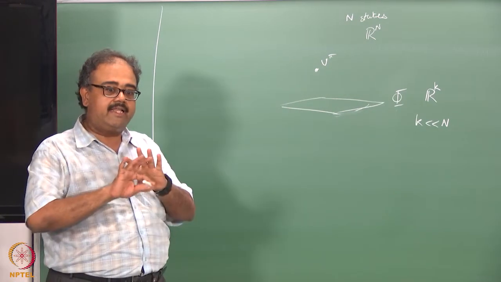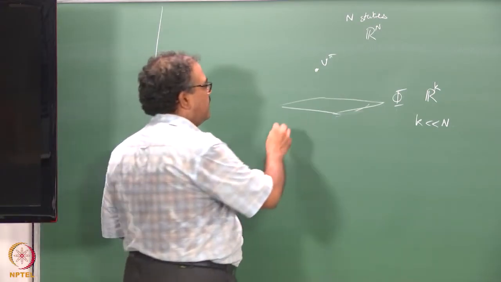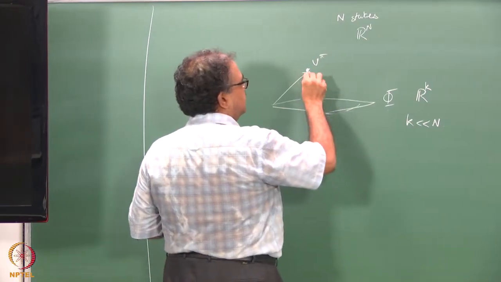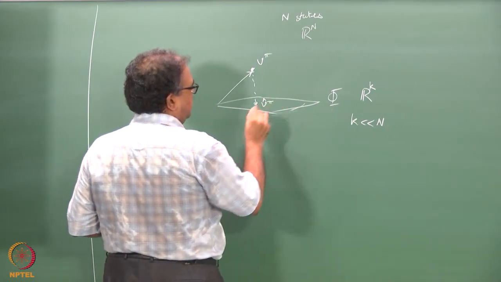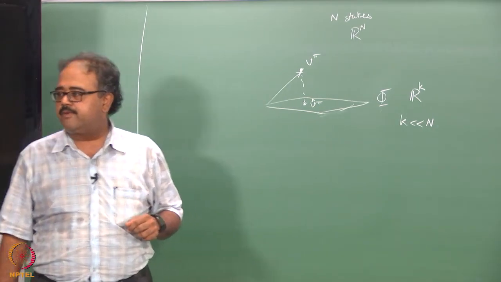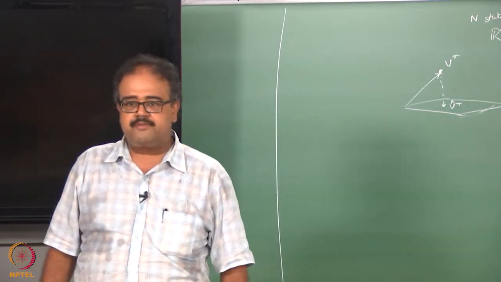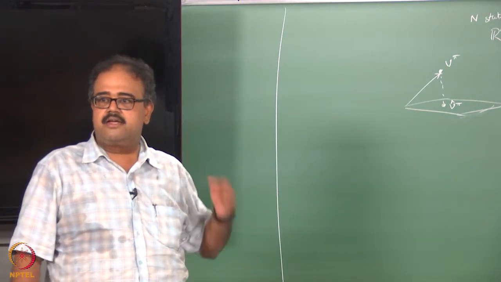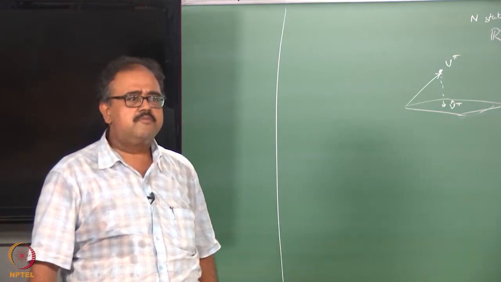So, ideally what would you want to happen? That is what I would want my v hat pi to be. That is the closest possible I can get to, given that I have to stay in this plane. People must have done some kind of linear regression, curve fitting, projections.